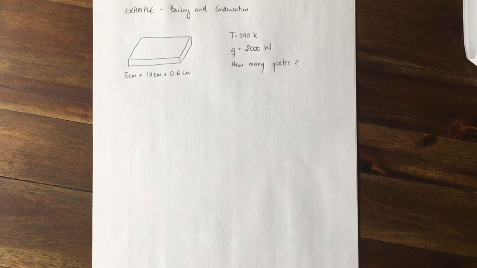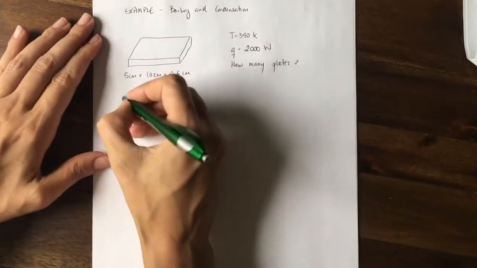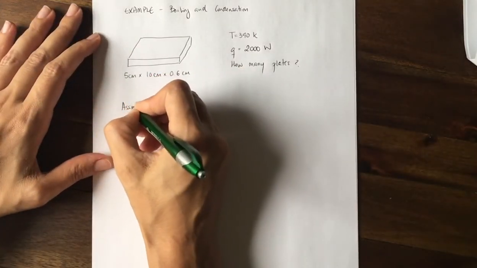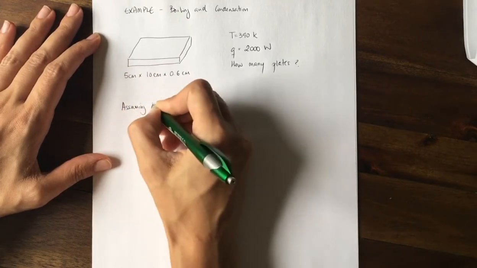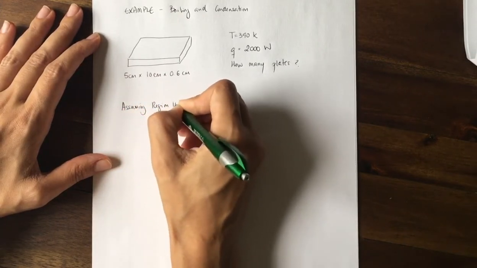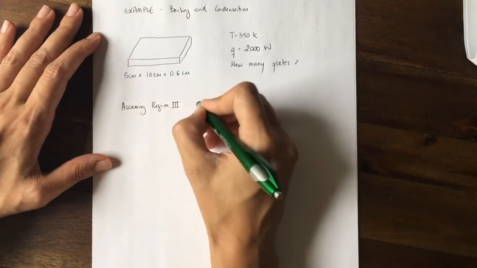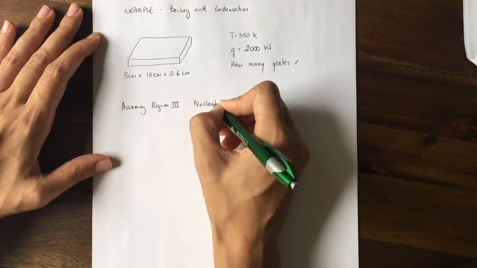So that's what we're doing now. We are going to assume that the process happens within region 3, which is nucleate boiling. So assuming region 3, which is nucleate boiling.